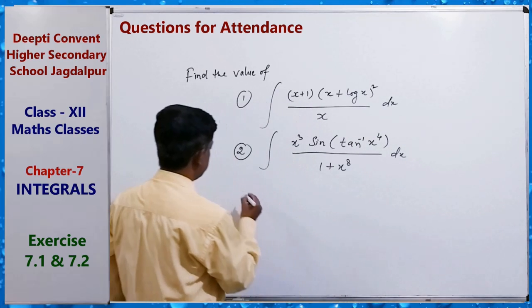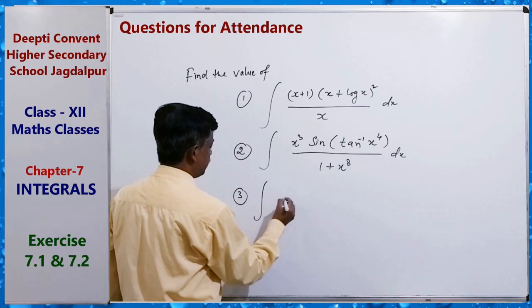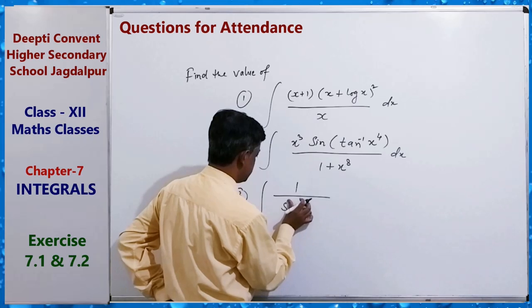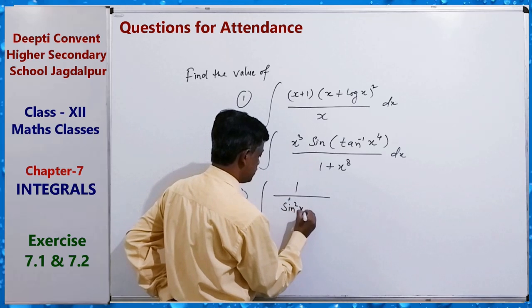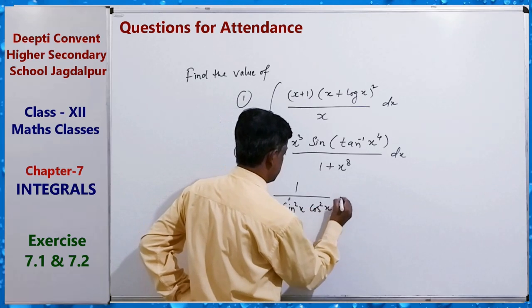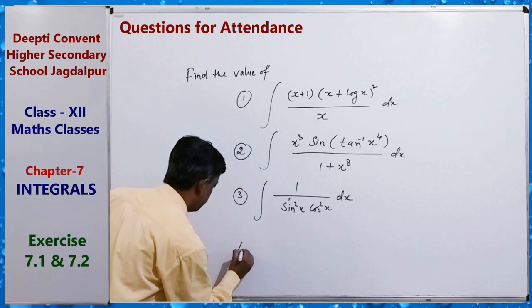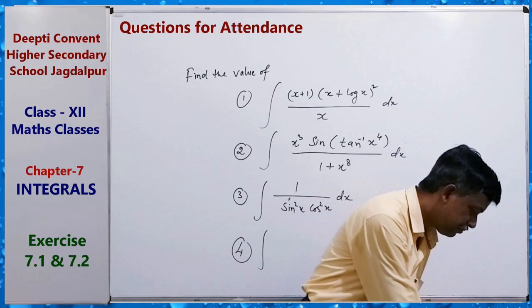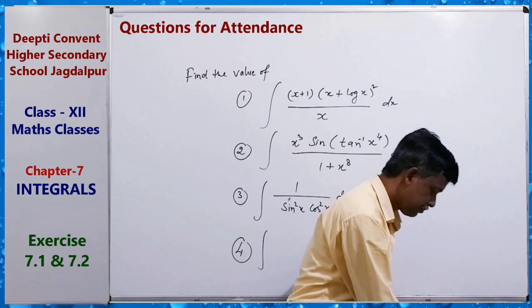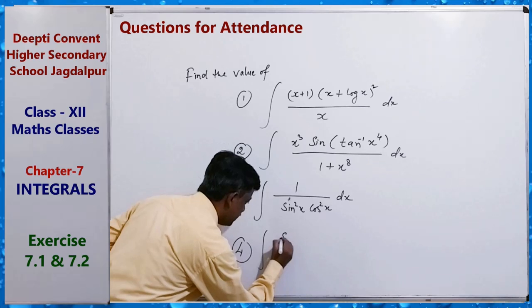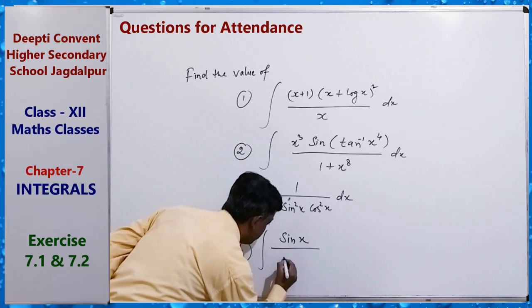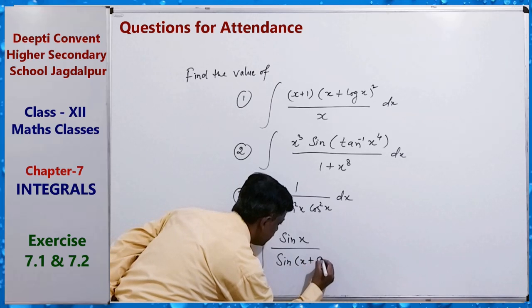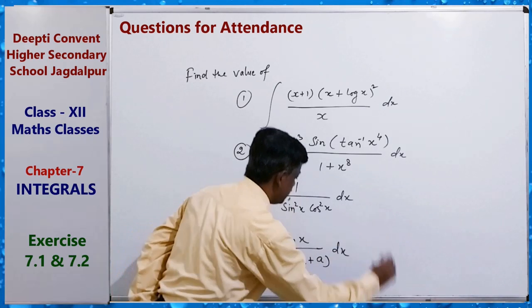Third, find 1 upon sin square x cos square x dx. And 4, find the value of integral sin x upon sin x plus a dx.